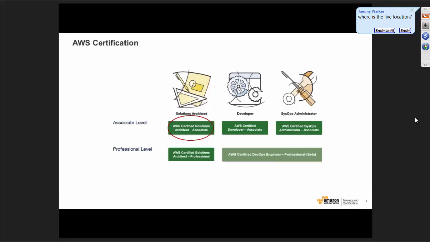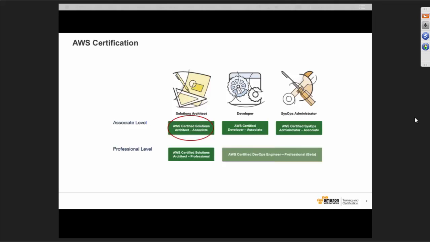There's a question regarding how many times can you take the test before you have to wait a year? I'll have to look that up. Let's see if I can do that without disrupting the page here.